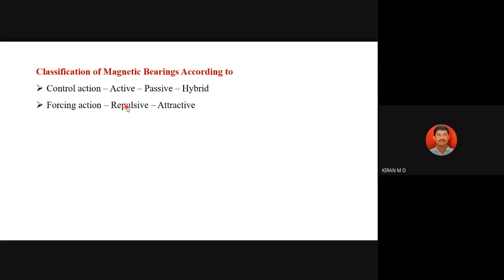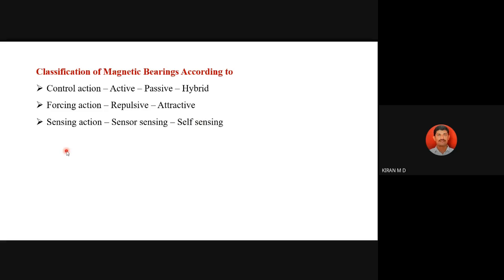Repulsive means it creates an away force, and an attractive bearing creates an attractive force. In the repulsive case, we create the magnetic force with north and north or south and south poles. In the case of attractive bearings, we create the magnetic force so that north attracts south.